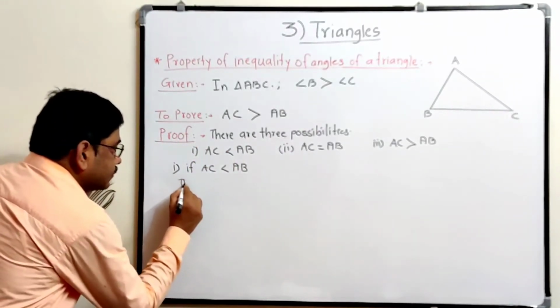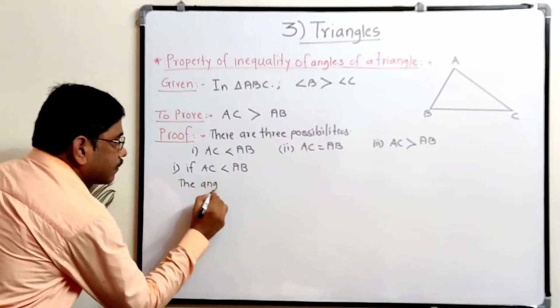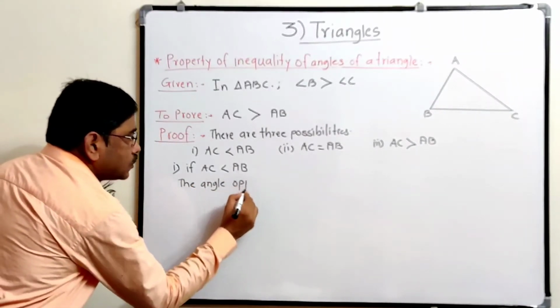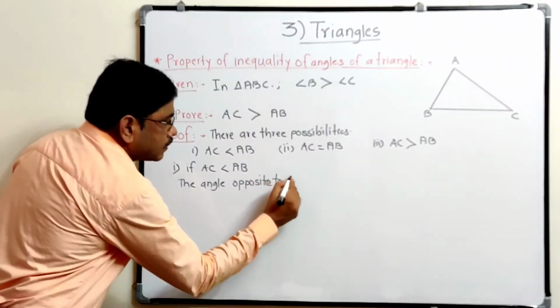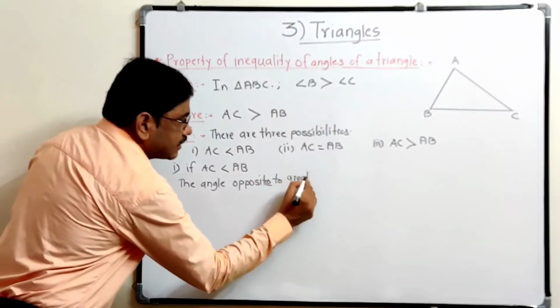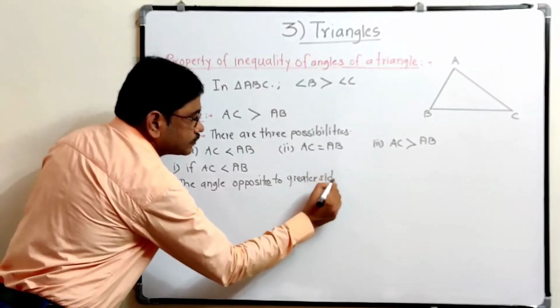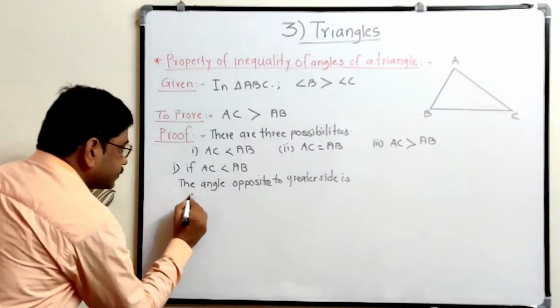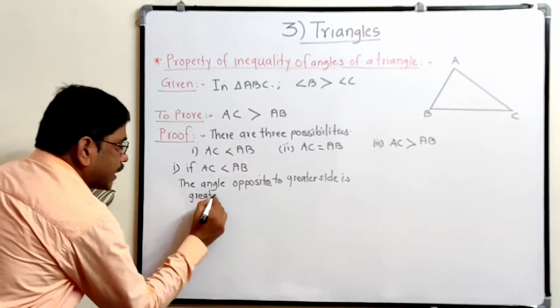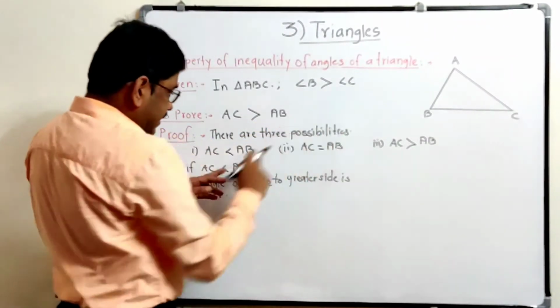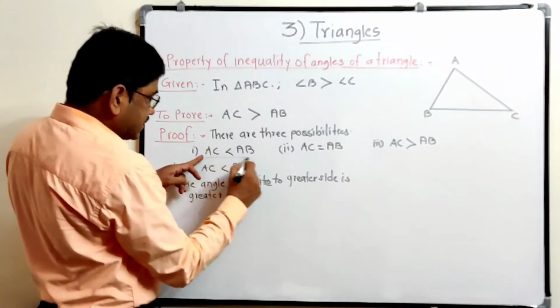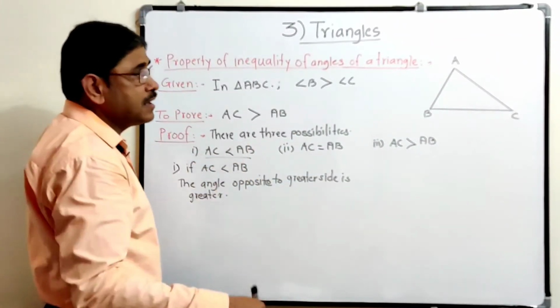The angle opposite to the greater side is greater. So according to that theorem, if AB is greater than AC. See the first condition, AC less than AB means AB is greater.